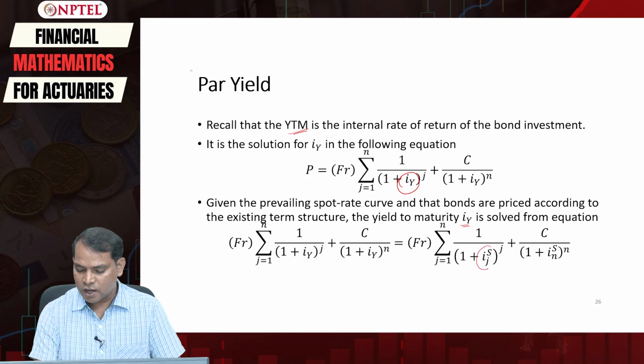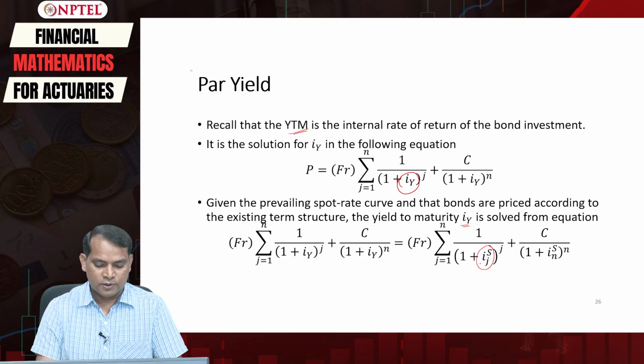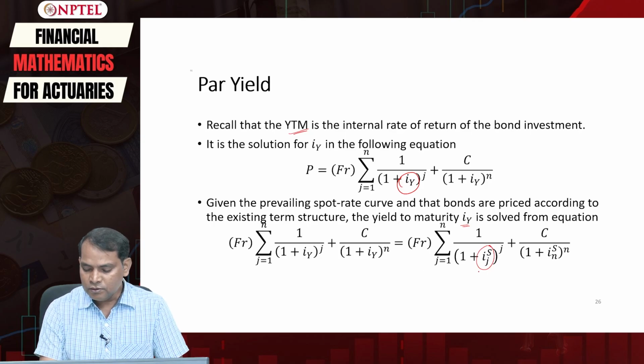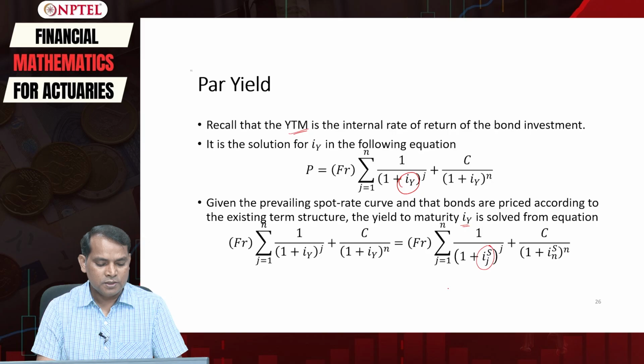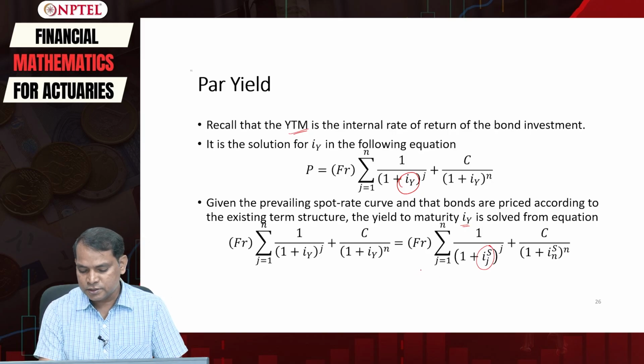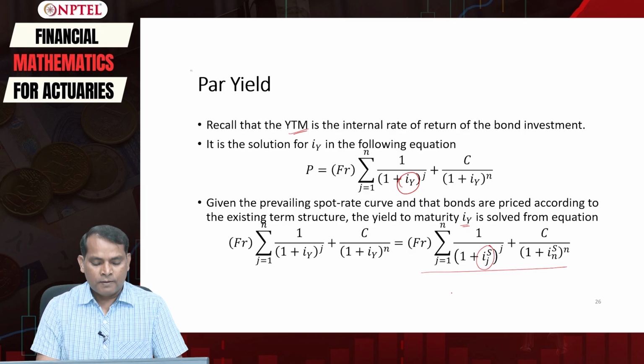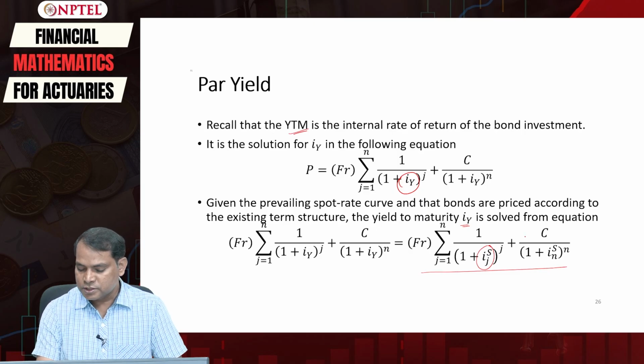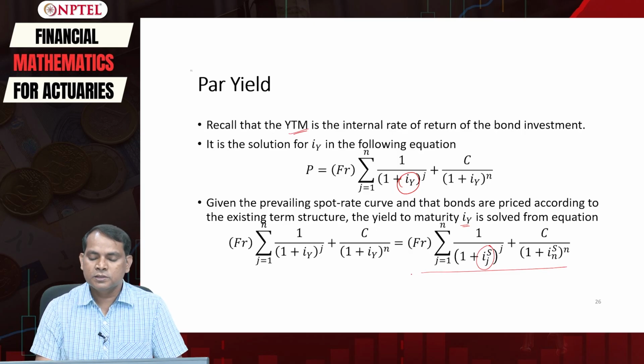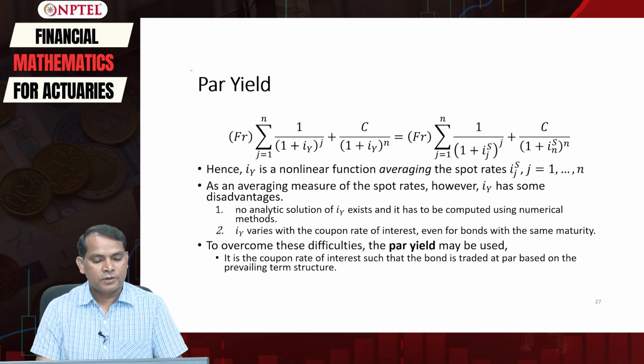What are these Ijs here? These Ij are the spot rates, and therefore this is the existing market term structure, or this equation is based on the existing market term structure.